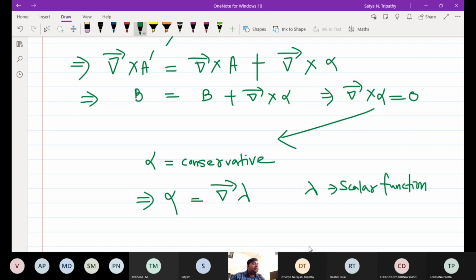Next, the two potentials will also give rise to the same electric field. So let me take the gradient.